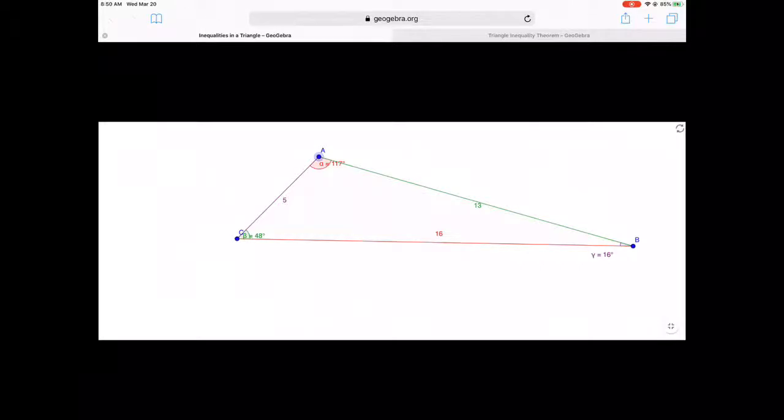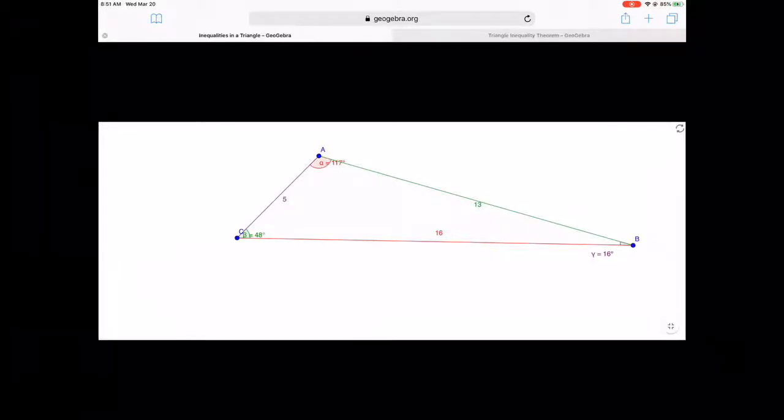So here we have our smallest angle is B, which is 16, and the side is 5. Sorry, I wish I could write on this. The medium angle is 48, and the medium-sized side is 13. And the largest angle, 117, the opposite side gives us the largest side.